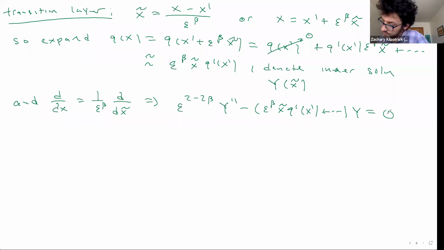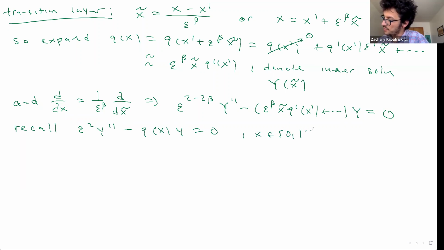Now recall that epsilon squared y prime prime minus q of x y is equal to 0. So that's where we're getting this above expression.